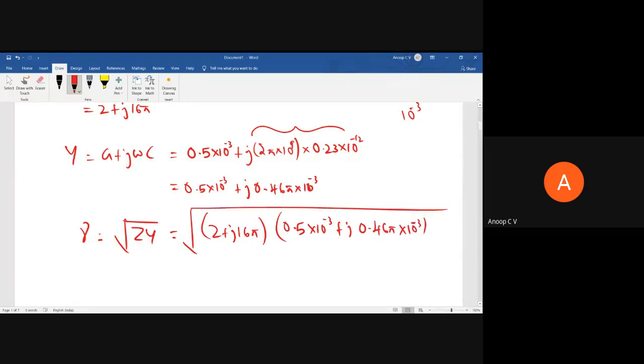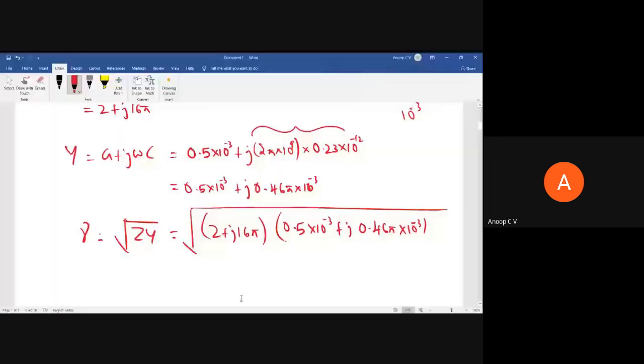Can anyone please calculate this and let me know? Those who have a calculator, please do calculate. I don't have a calculator. Pratiksha has typed it as 1.445. Thank you. So this 0.46 pi is nothing but what?